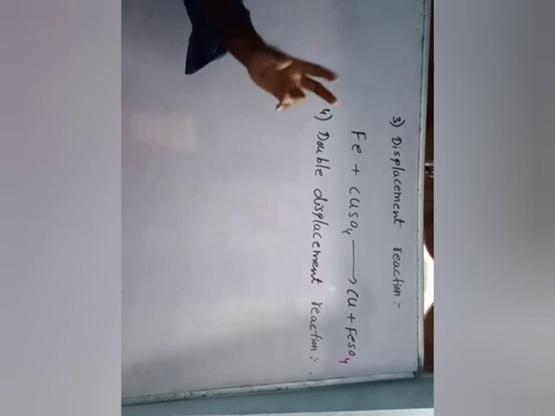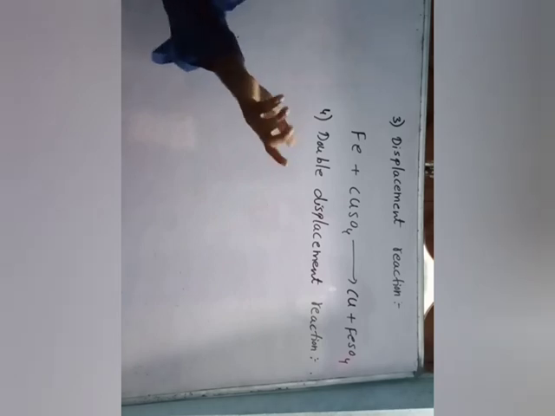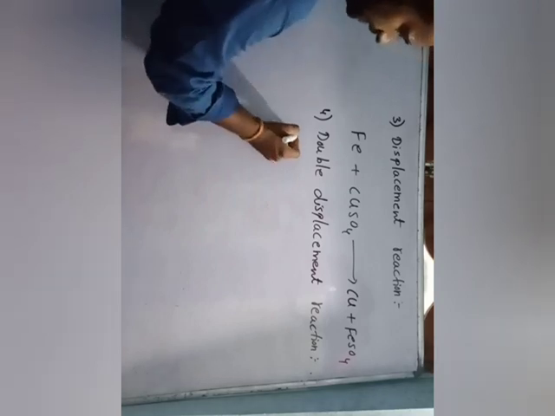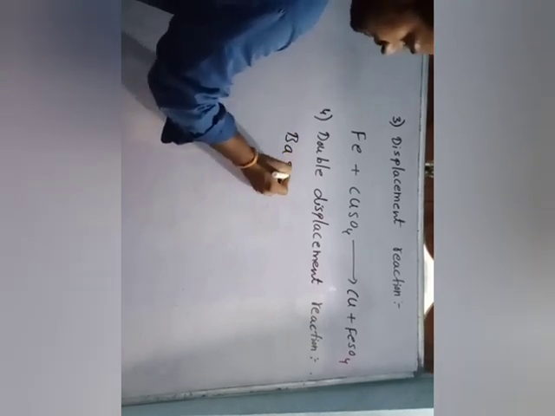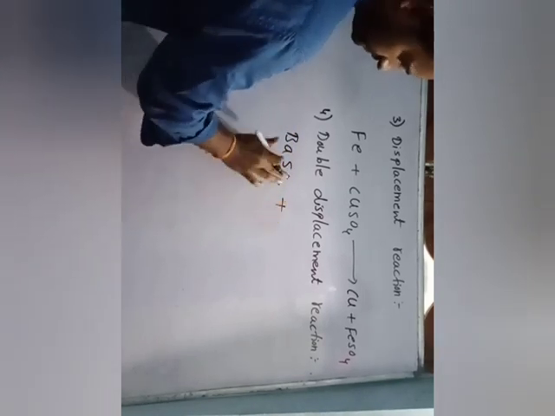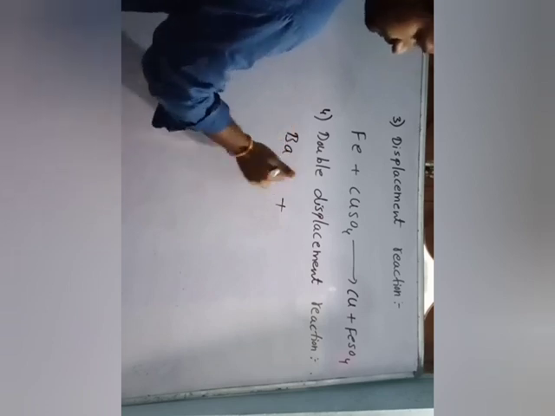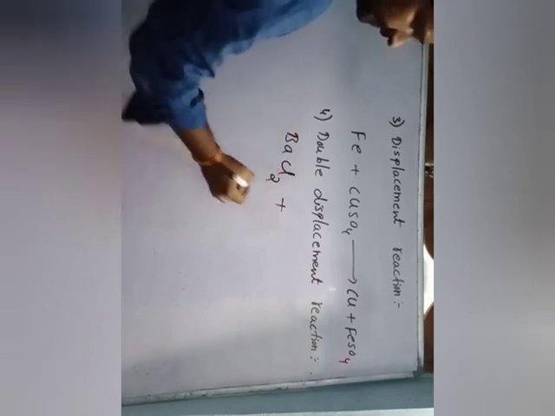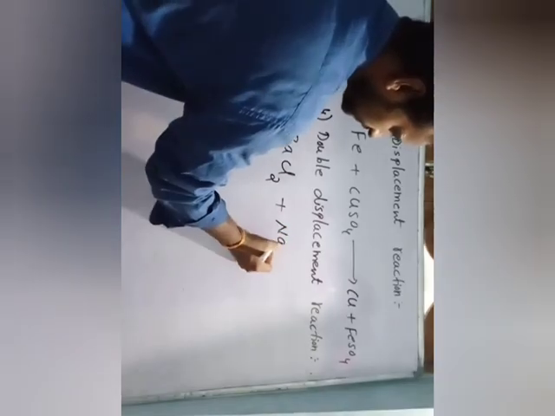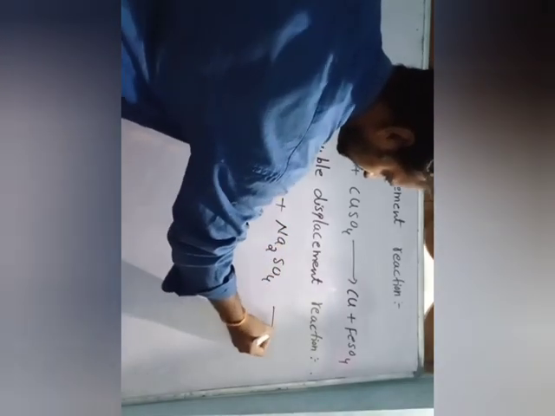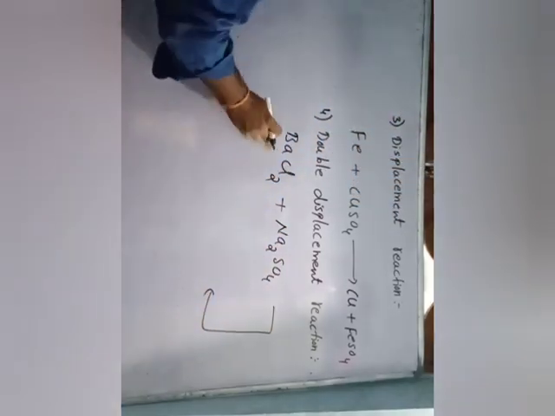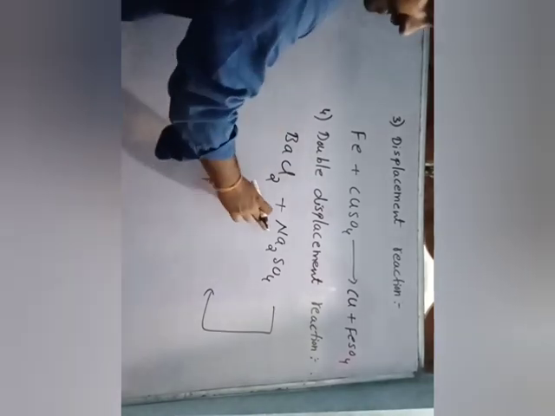Here two ions are exchanged with two different ions. For example, take BaCl2, barium chloride, and Na2SO4, sodium sulfate.